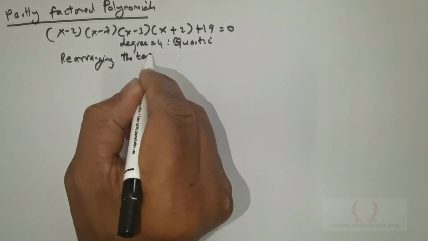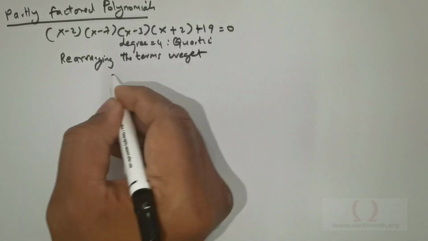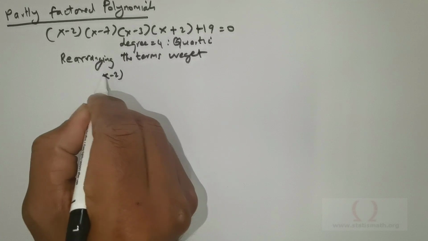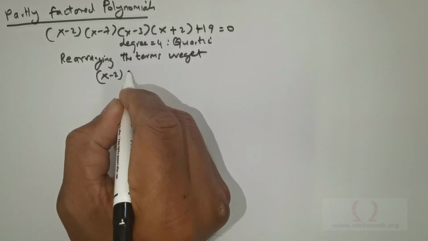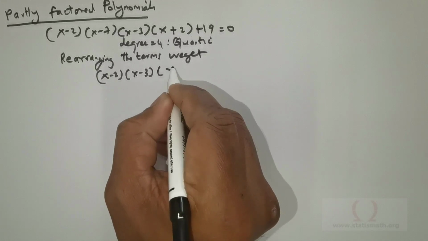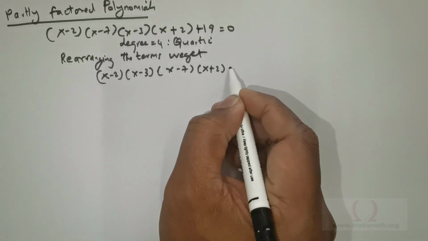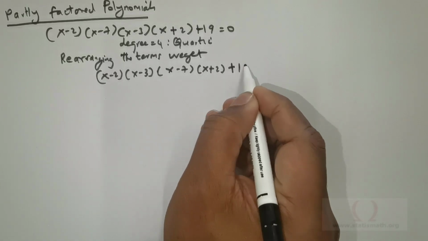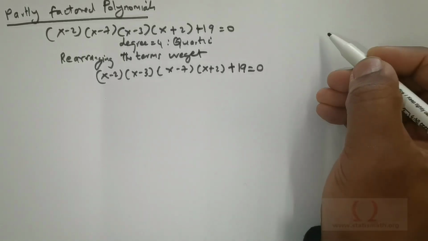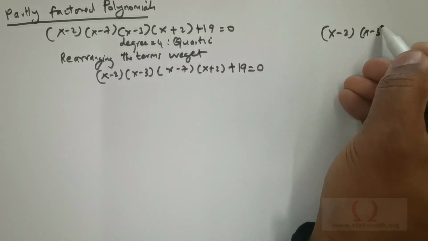So what I'm going to do is write this as (x - 2) multiplied with (x - 3), and then (x - 7) multiplied with (x + 2), followed by 19 is equal to 0.